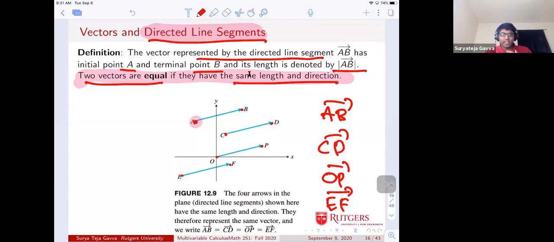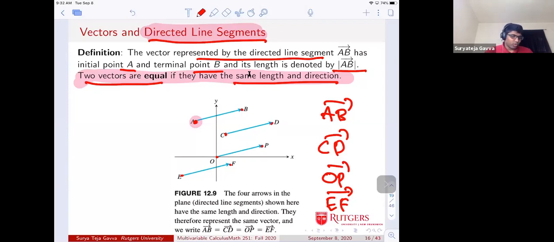But what we say is that if they have the same direction and magnitude, they are parallel to each other and have the same length. Basically one of them is a translation of the other. You take one line segment AB and move it around without changing the direction, and you get the other line segments.